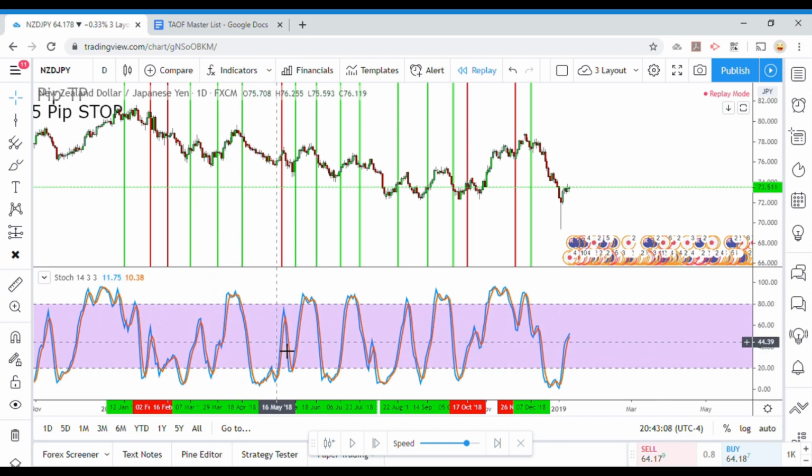But I find that the two lines, creating a zone in between, often helps to filter out the choppiness in the market. And that helps out a lot. You want to avoid as much of the choppiness as possible.